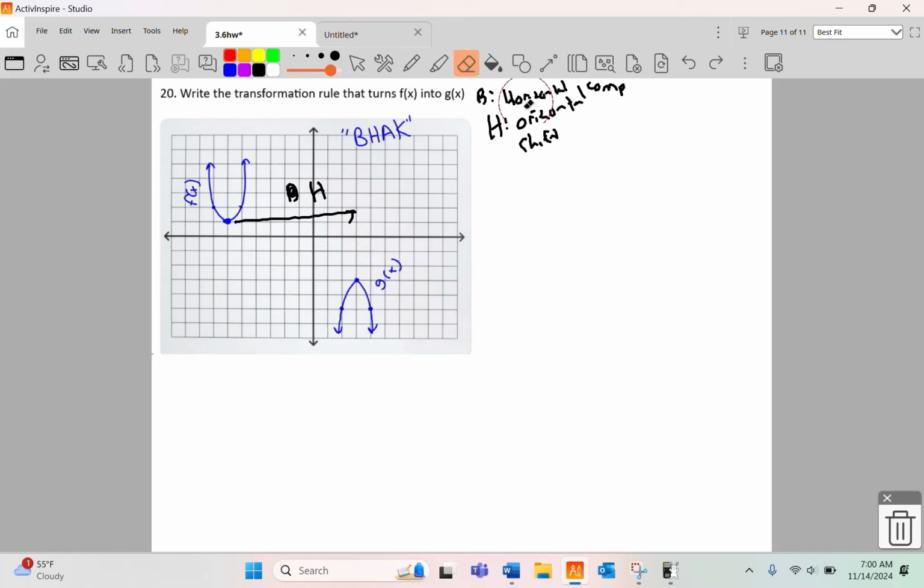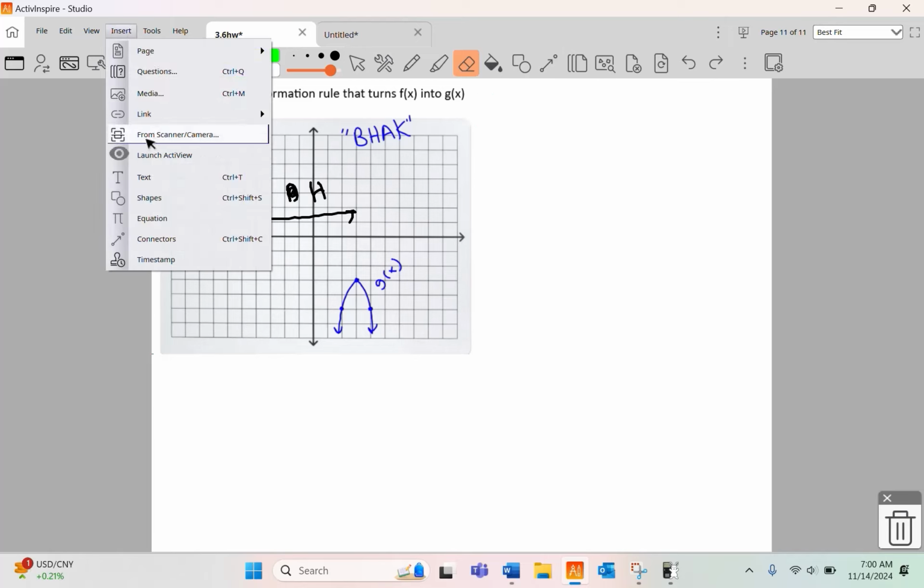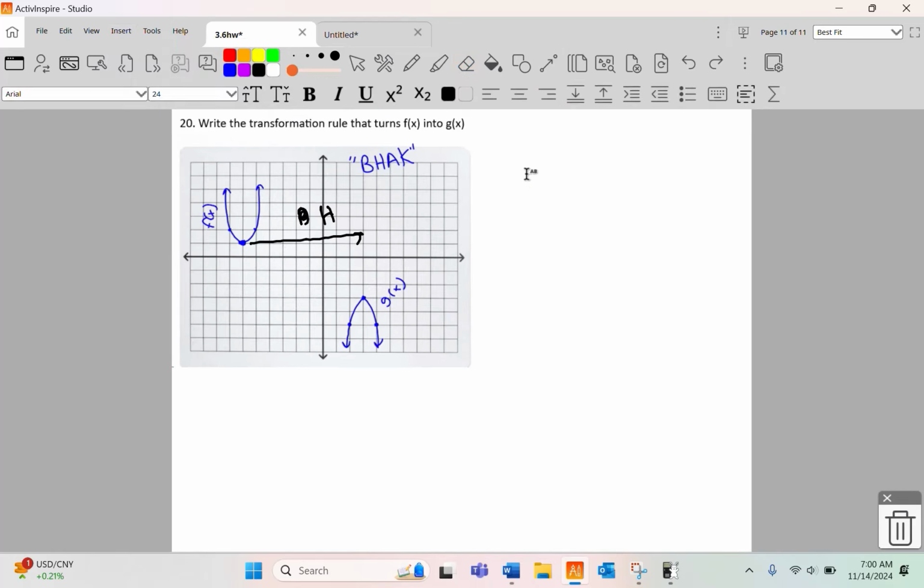Let's just start over on this. So, sadly, students need lots more instruction on this stuff than I really care to give, because I don't want to remember it. B is the horizontal stretch or compression. H is the horizontal shift.